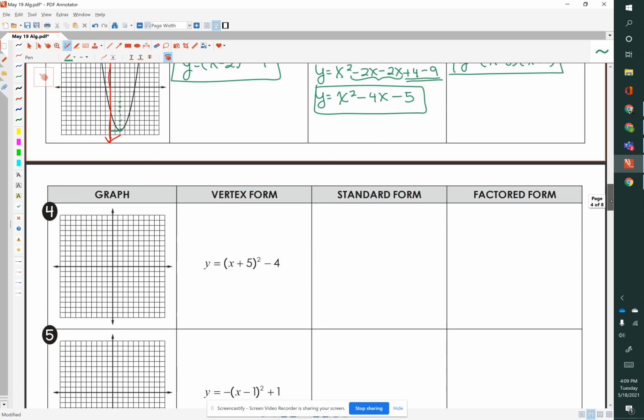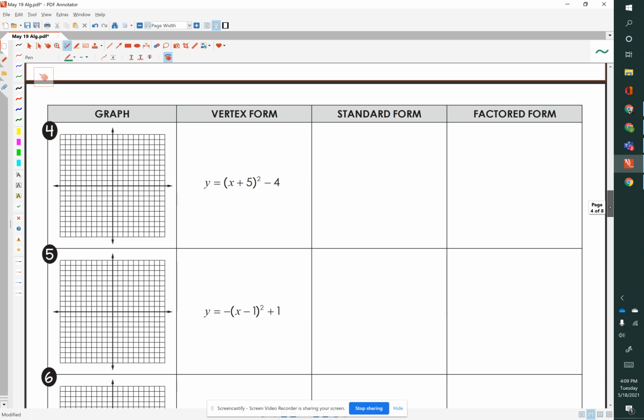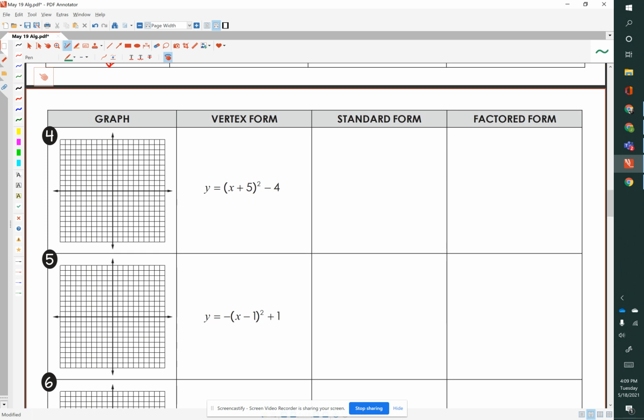All right, now we're on to starting from the vertex form. Okay, this is a little different. This is kind of fun. They are giving us the vertex form in these next three, and we are going to write the standard form and the factored form. So what do we know from this? Okay, we know that the axis of symmetry is going to be x equals negative 4.